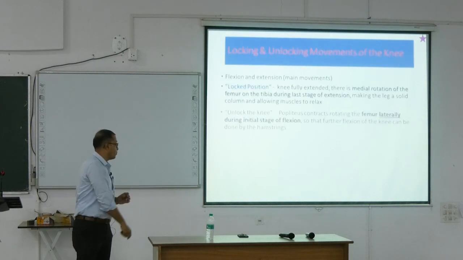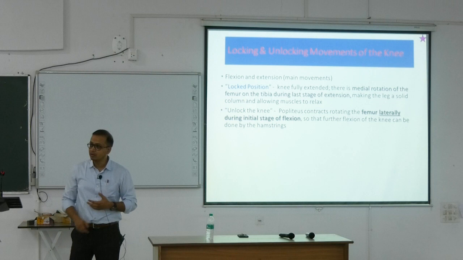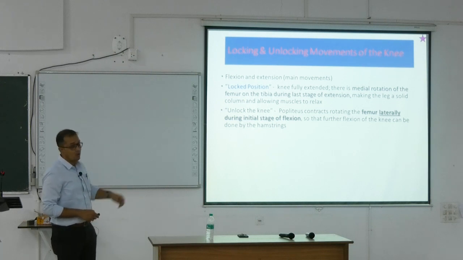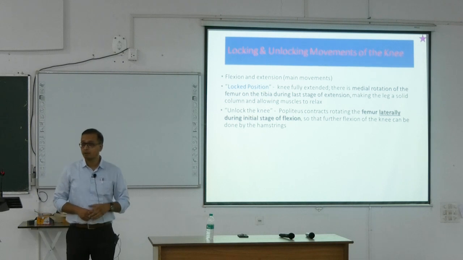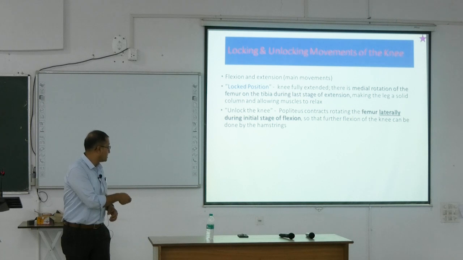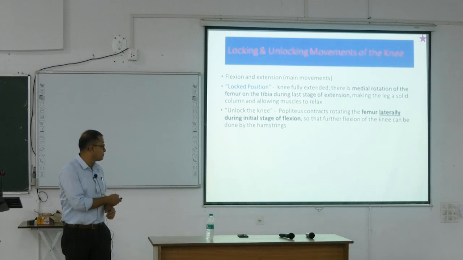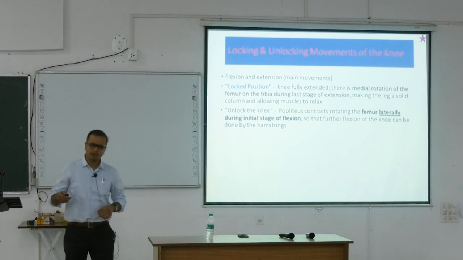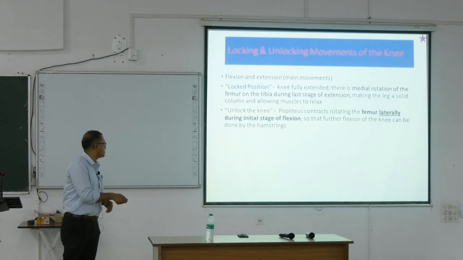Locking and unlocking take place in different phases of flexion and extension, and certain muscles are involved in it. If locking and unlocking take place faultily, we have a problem in the joint structure and integrity as well.